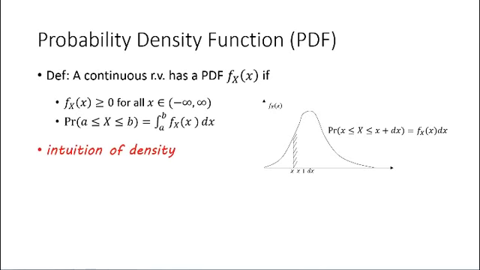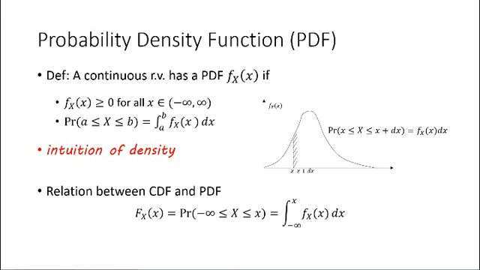This gives an intuitive interpretation of PDF, and that's why we use the word density. Both CDF and PDF are very important concepts, and they can be derived from each other.